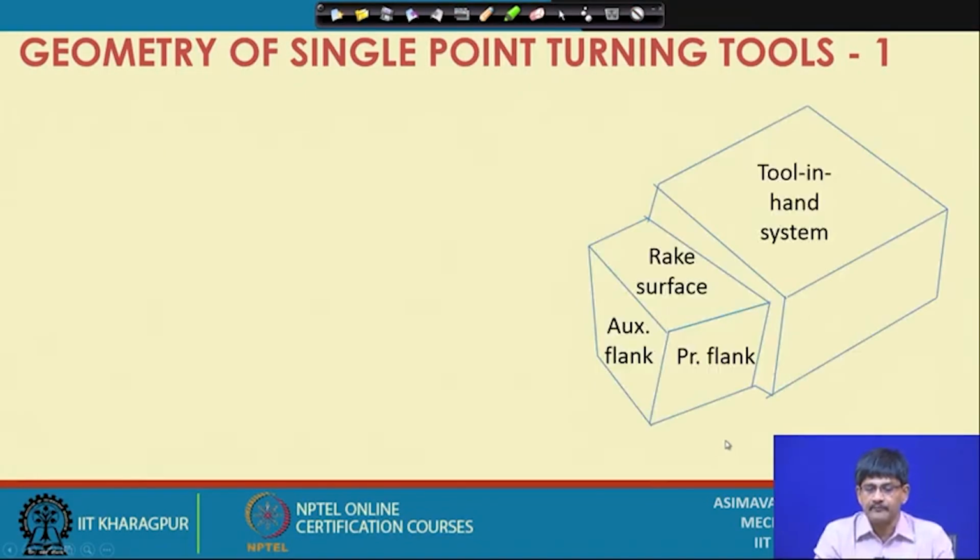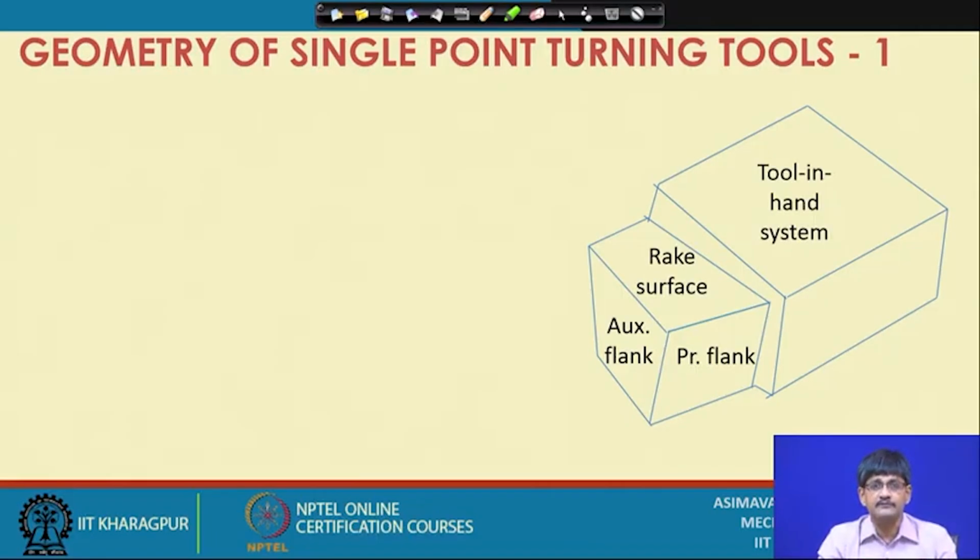to our tool now, the initial way in which we can refer to the tool is the tool in hand system. So, if we take the tool in our hand and we move it this way, that way, there are some things which will not change. What are those? The rake surface will not change, the principal flank and the auxiliary flank are not going to change.